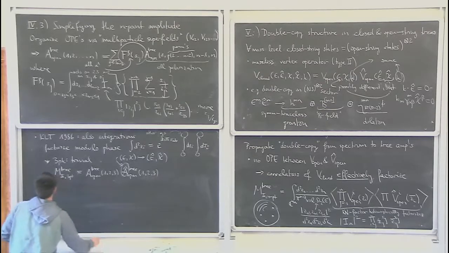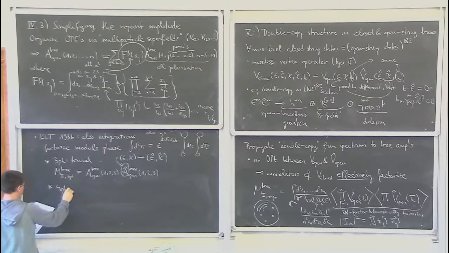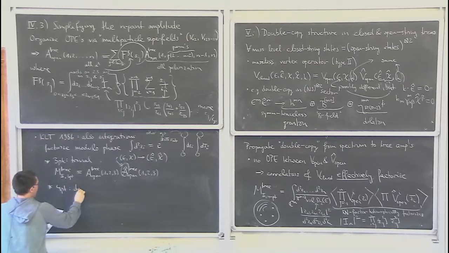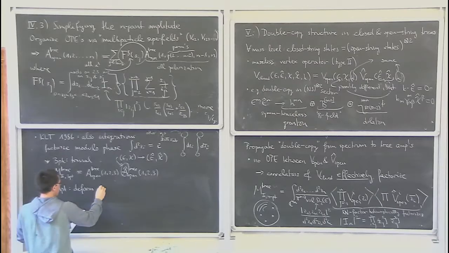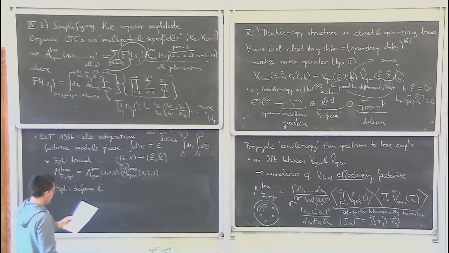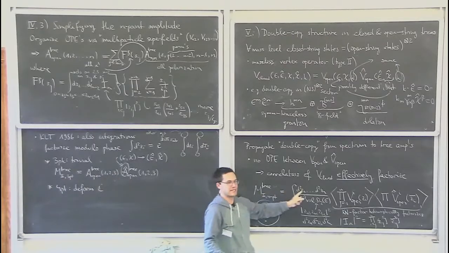Okay, so this is the 3-point Kawai-Lewellen-Tye, and maybe this was known well before the Kawai-Lewellen-Tye paper, but at 4 points, this is the first time where some real work was to be done for KLT. So here, in the 4-point situation, you have one complex integral to do.